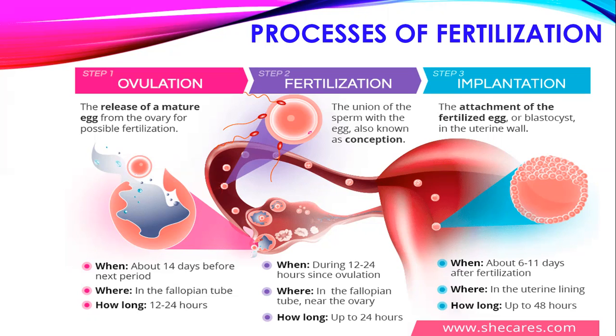The fertilized egg stays in the fallopian tube for about 3 to 4 days, but within 24 hours of being fertilized, it starts dividing fast into many cells. It keeps dividing as it moves slowly through the fallopian tube to the uterus. Eventually, it attaches to the lining of the uterus. This is called implantation.